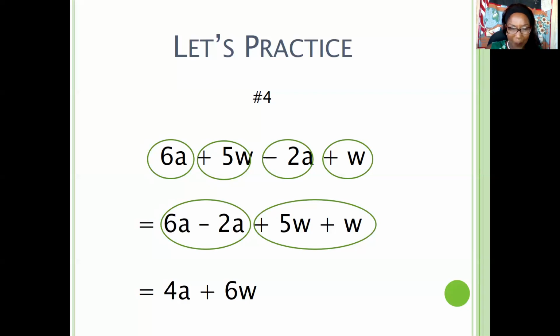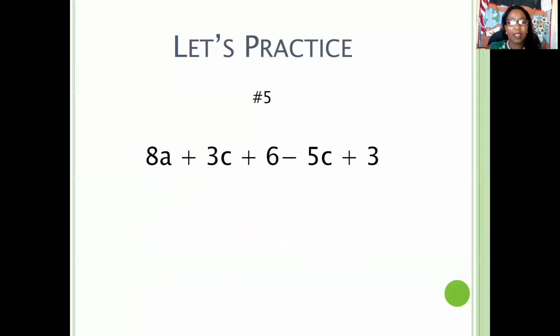All righty. Now, practice question number 5. 8a plus 3c plus 6 minus 5c plus 3.